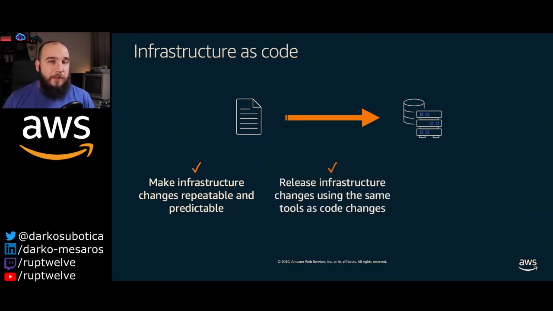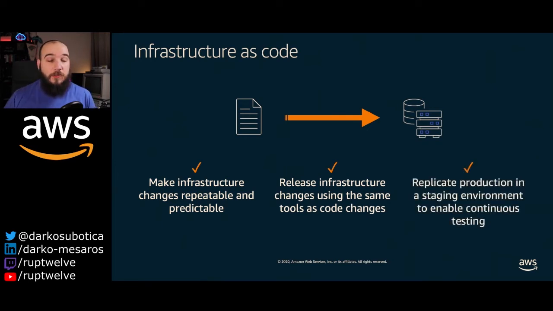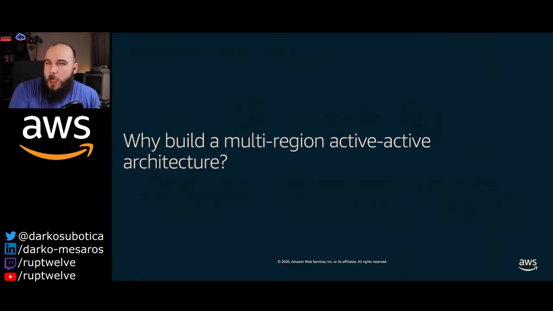It also gives you the ability to easily replicate, not just between production, staging and development, but also between different regions, because you can use the same template to deploy the same thing in a different region. Amazing. This will help reduce the overall complexity of maintaining and running such a complex system. But why would you build a multi-region active architecture?